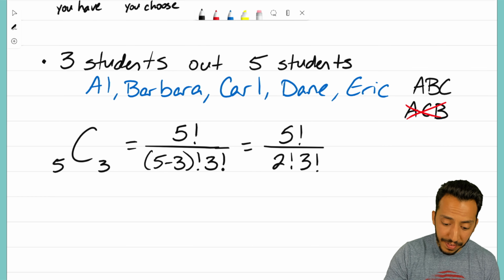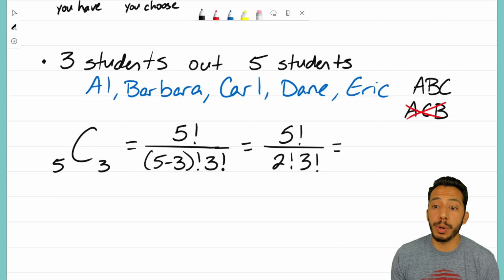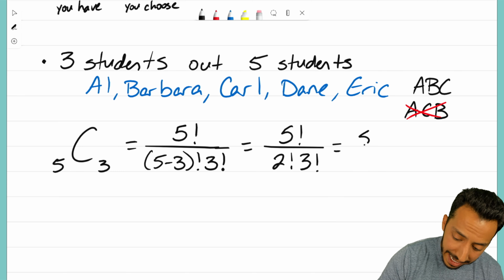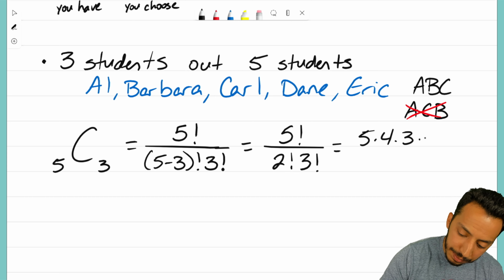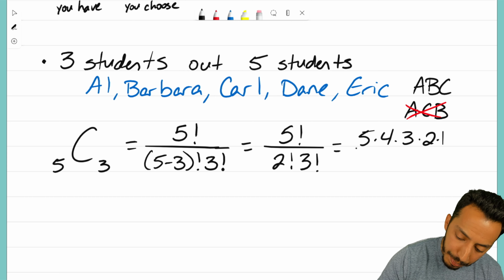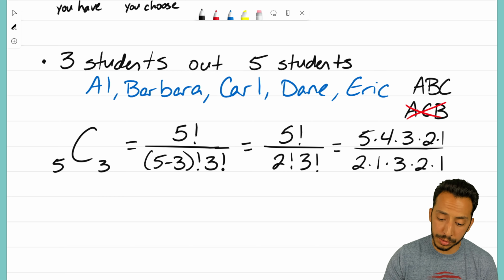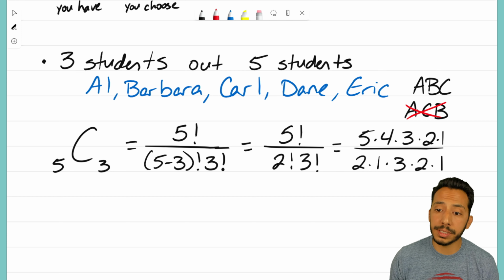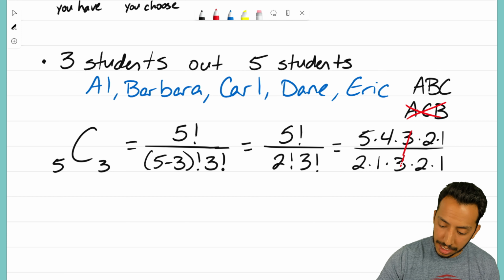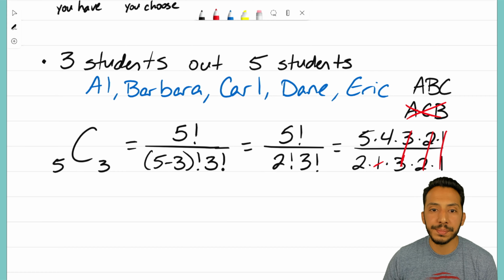And now I just have to simplify this out. And again, we could do it by hand. If I do it by hand, I would have 5 times 4 times 3 times 2 times 1 on top. On bottom, I would have 2 times 1 times 3 times 2 times 1, because I got 2 factorials there. We could cross out the parts that we recognize. Well, look, the 3s, the 2s, the 1s are going to cancel. I don't really need the 1 there.